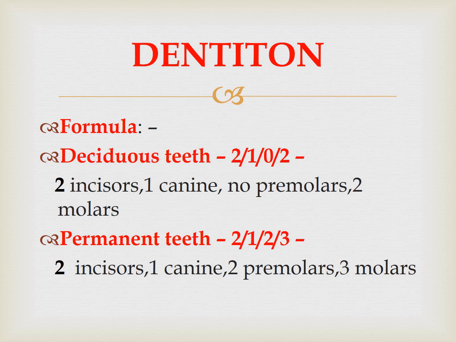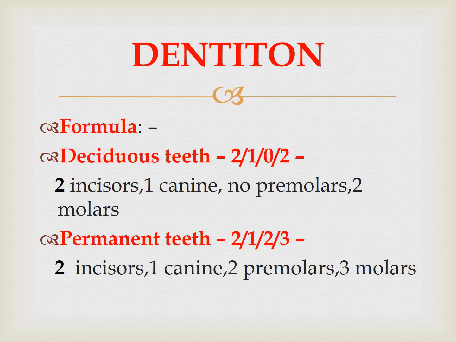There are 2 incisors, 1 canine, no premolars and 2 molars. So 2 plus 1 plus 2 is 5, 5 in the upper jaw, 5 in the lower jaw, so 10 in the upper jaw and 10 in the lower jaw.